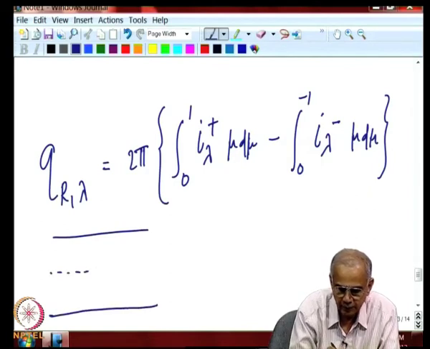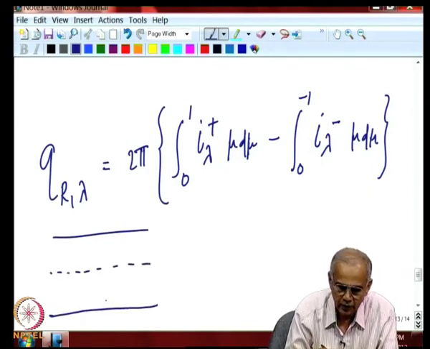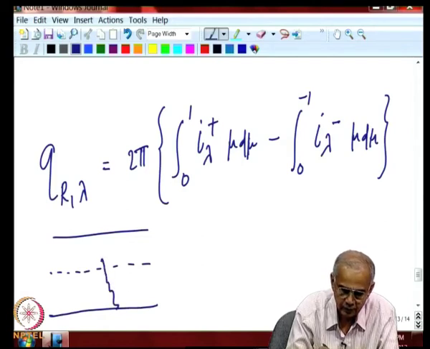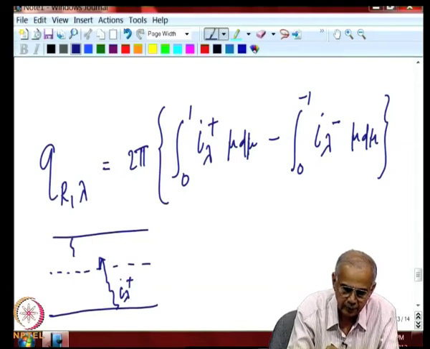So, I have some plane here. So, I lambda plus is intensity that is emerging from this plate to this gas, while I lambda minus is radiation coming through the top surface and top layer of the gas.